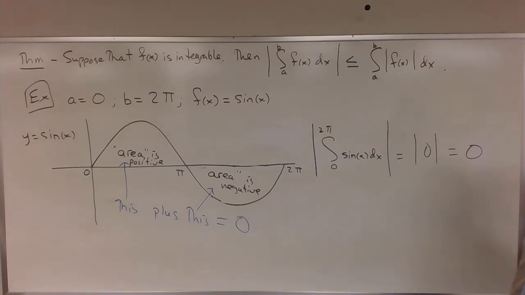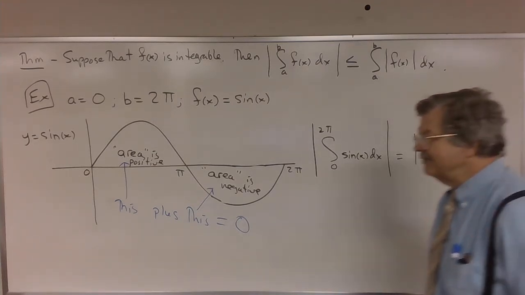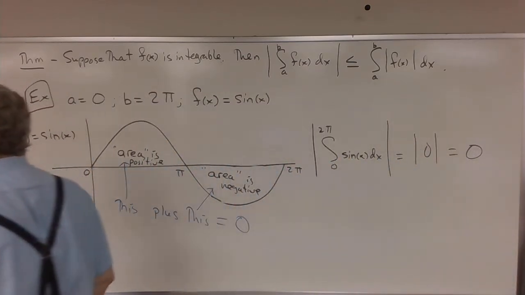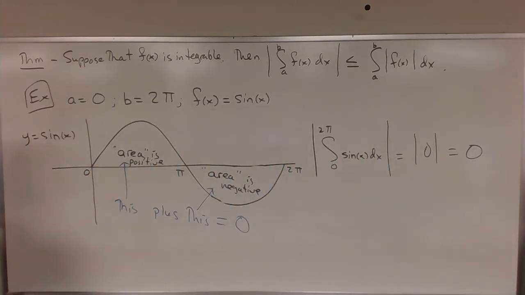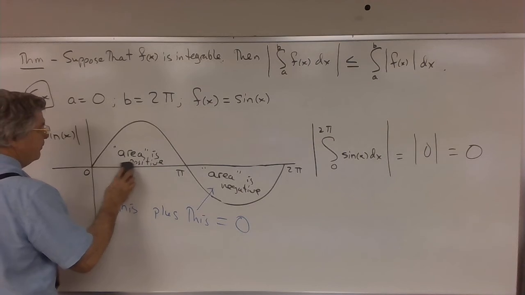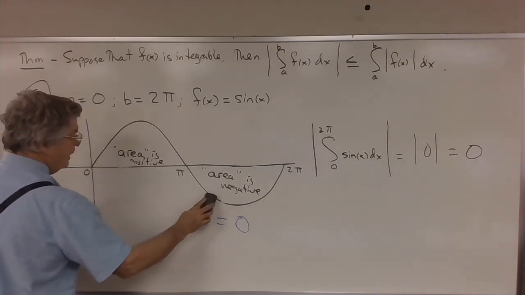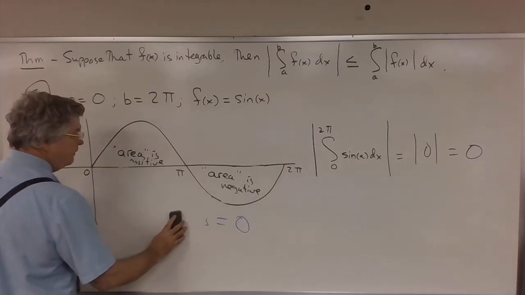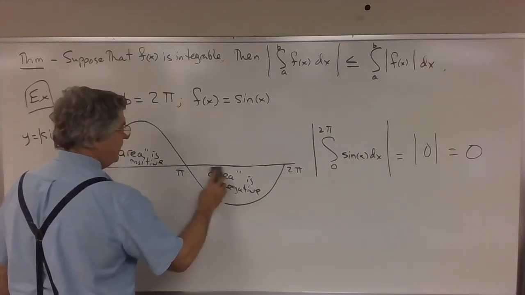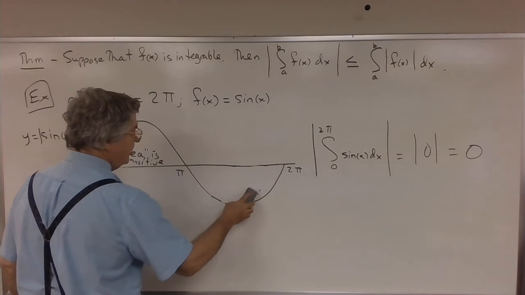Oh, no, let's now look at the absolute value of sine of x. Let's say y equals absolute value of sine of x. And wherever sine of x is negative, we're going to do the absolute value of that and make it positive.